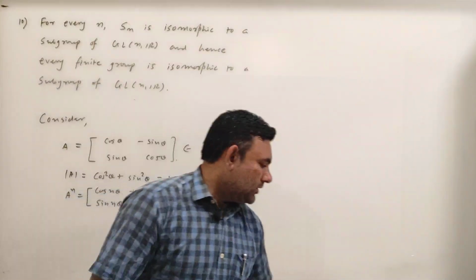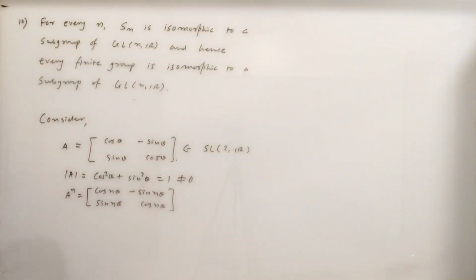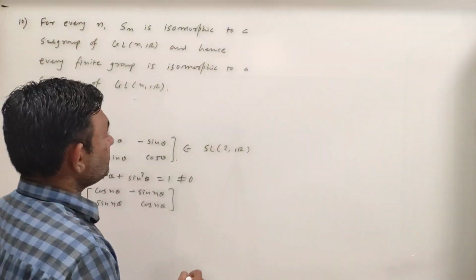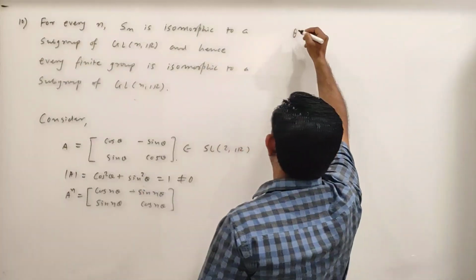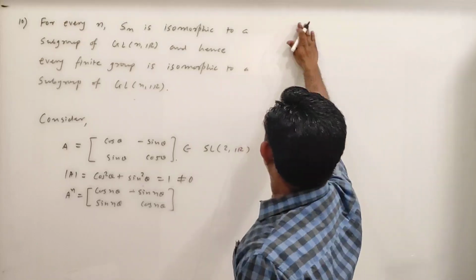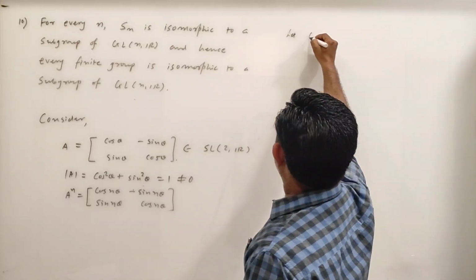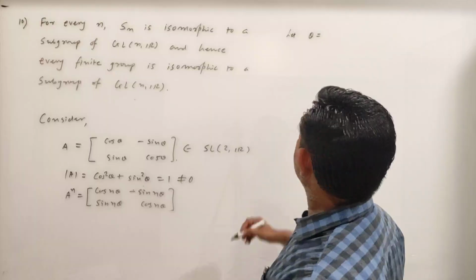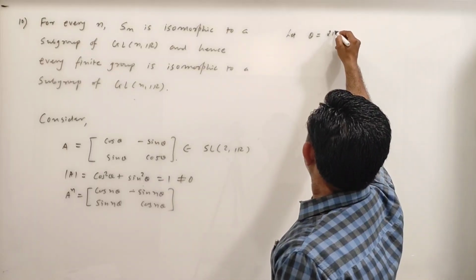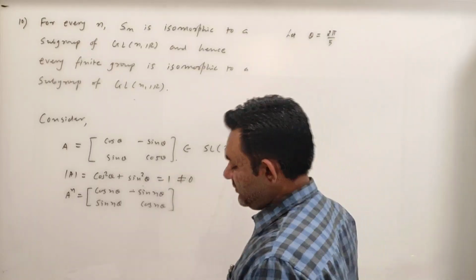Fine. Now suppose you take theta equal to 2 pi by 5.